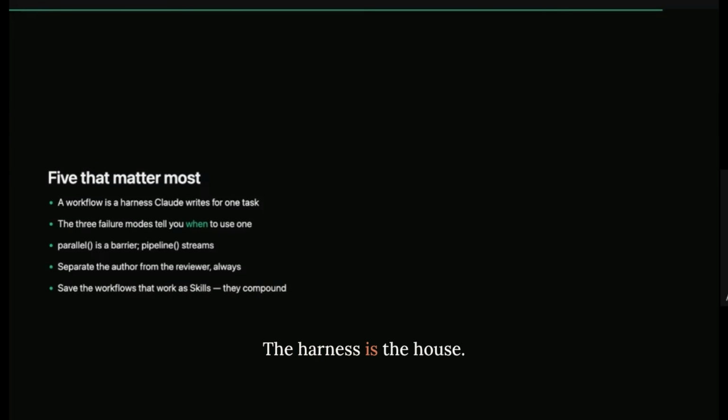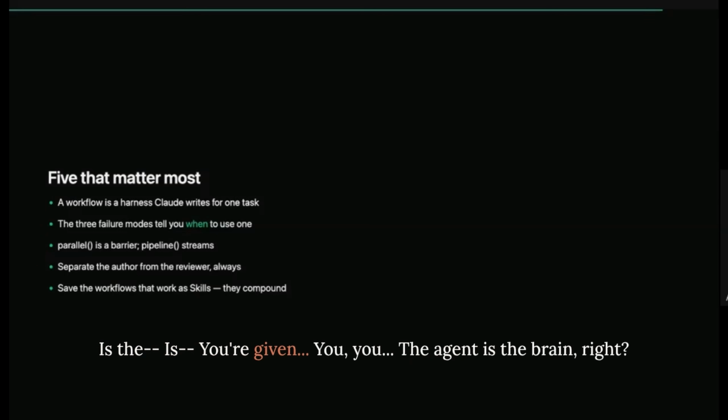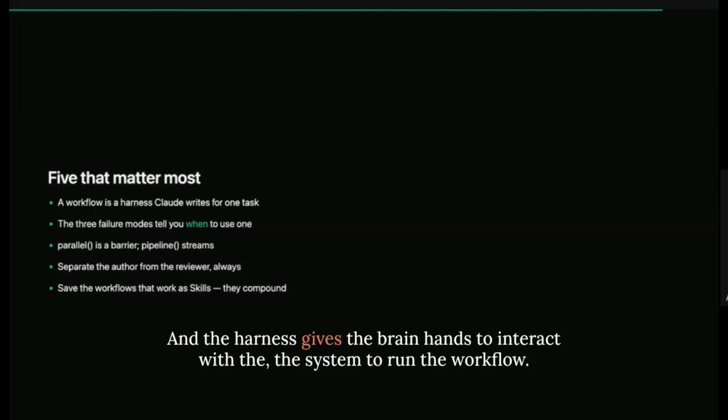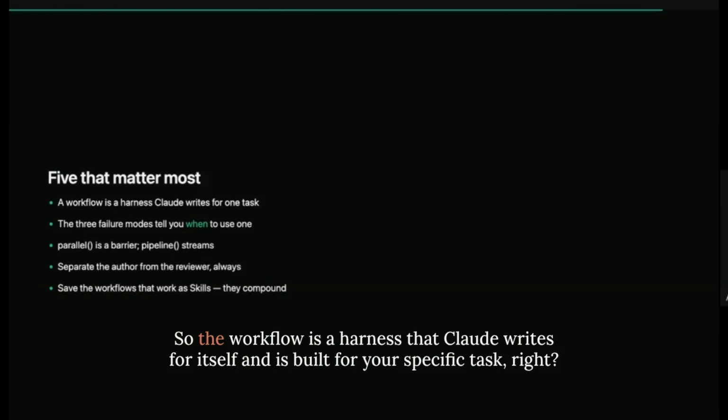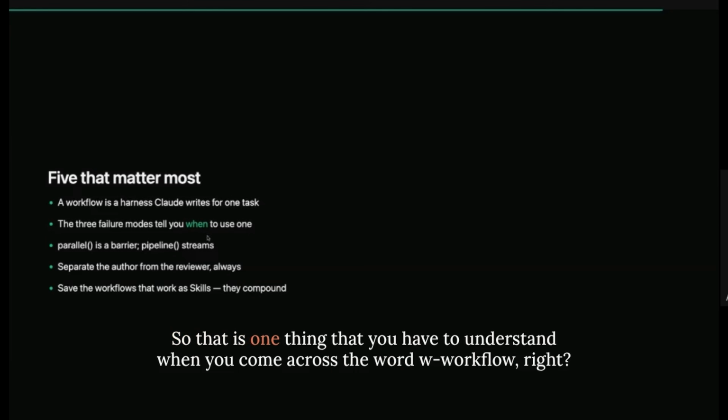The agent is the brain, and the harness gives the brain hands to interact with your system and run the workflow. So the workflow is a harness that Claude writes for itself, built for your specific task. That is one thing you have to understand when you come across the word workflow.